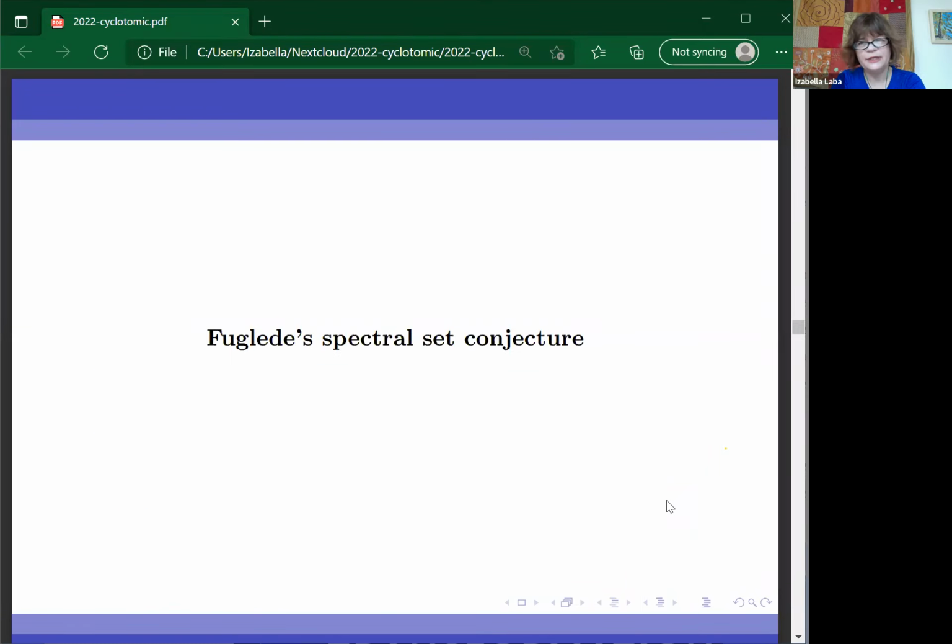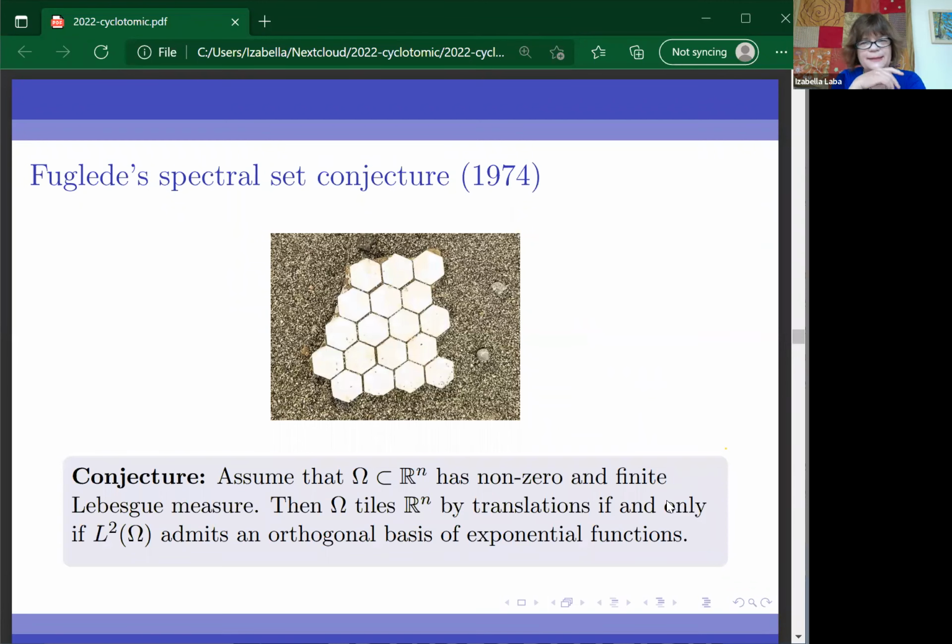I want to mention something called Fuglede's spectral set conjecture. The conjecture is about tilings in all dimensions, so that's an example here of a tiling that I found on the beach last year.